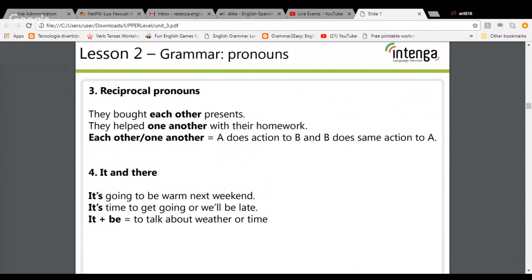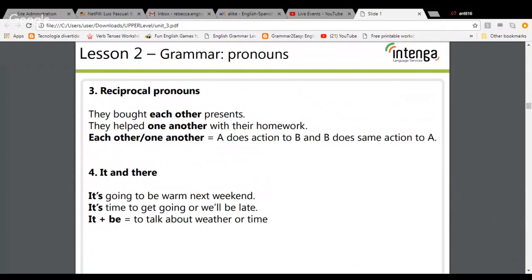So sometimes yes and sometimes no, because I've never truly studied the differences between each other and one another. Maybe sometimes the collocation is not good. Or maybe, as you said before, maybe you've never heard the word before, you don't know it, so therefore you're not going to know. All right, good.